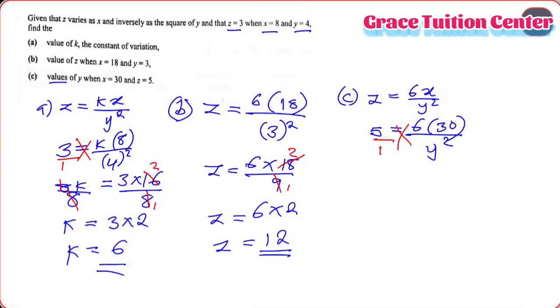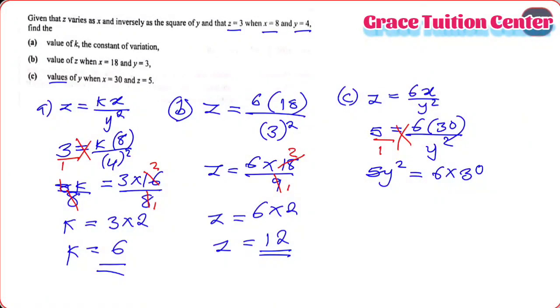Once we cross multiply, we have 5 times y squared. It gives us 5y squared is equal to, then what is 1 times this? 6 times 30 there. So we have 6 times 30, because anything multiplied by 1 is that thing itself.